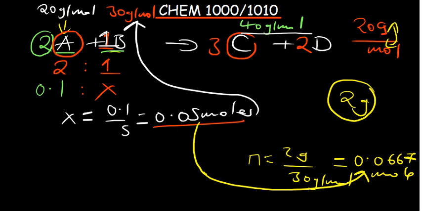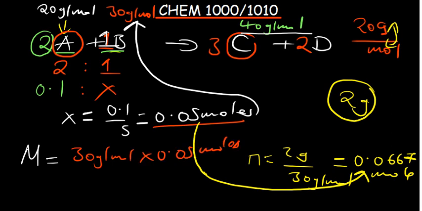So our mass that reacted is going to be given as a product of 30 grams per mole multiplied by 0.05 moles. What do we have? 1.5 grams.